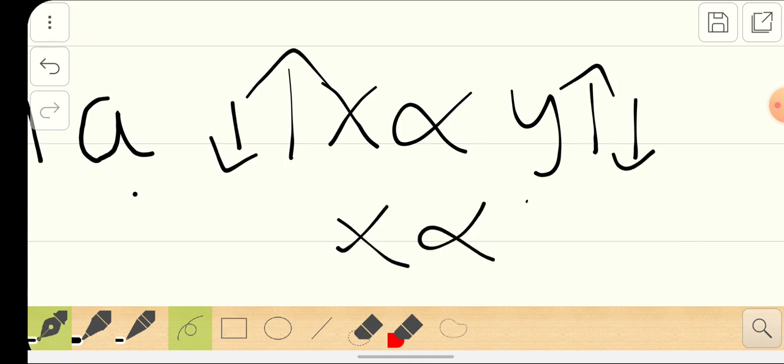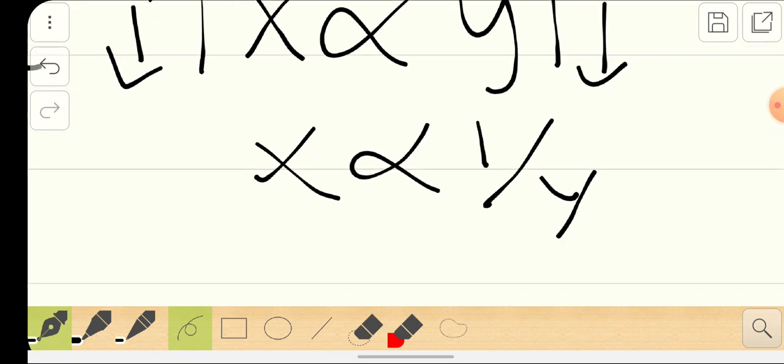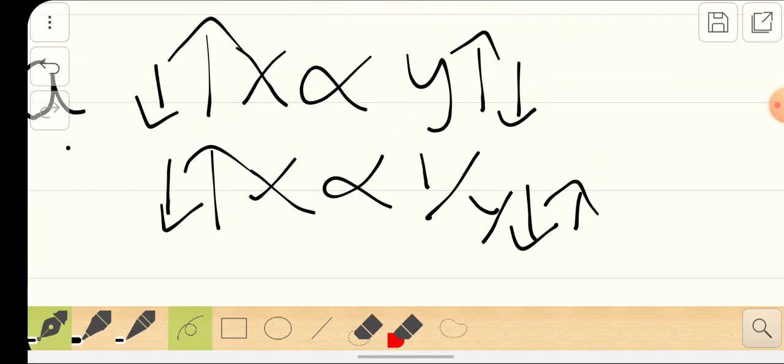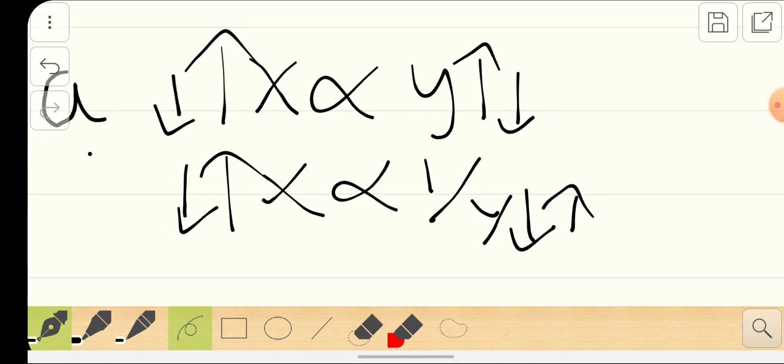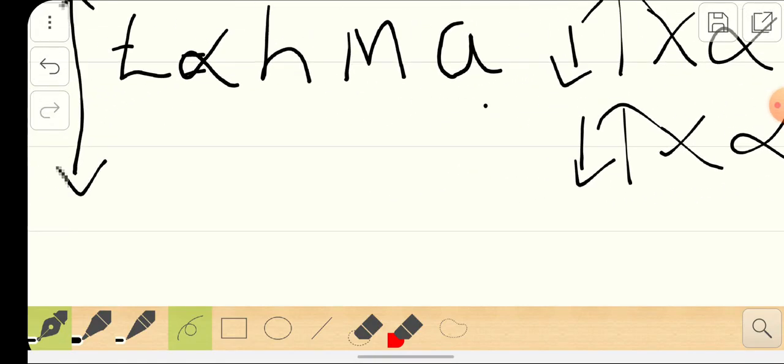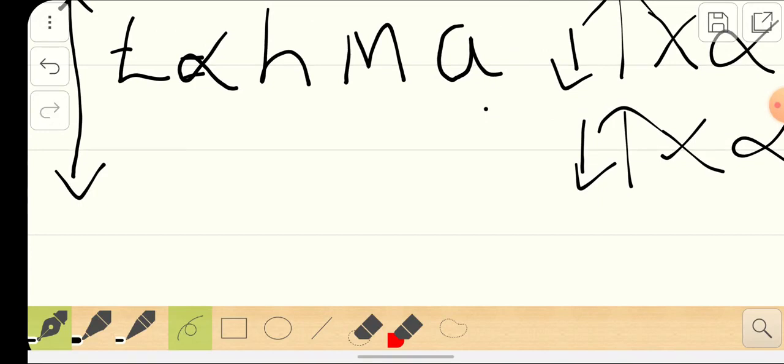If x is inversely proportional, then if x increases, y decreases, and if x decreases, y increases. That's called proportionality. So anything that is proportional is directly or inversely proportional. That means increasing one side will increase or decrease the other. With that in place, now let's look at our case.